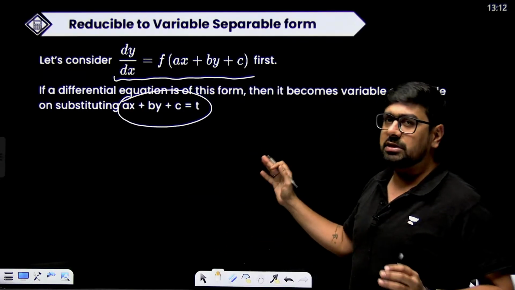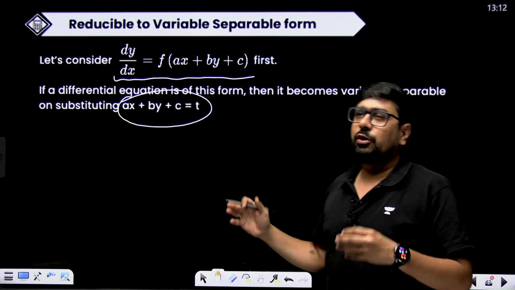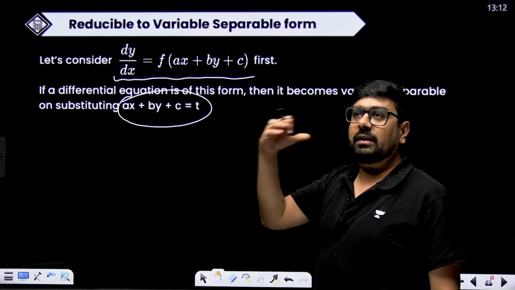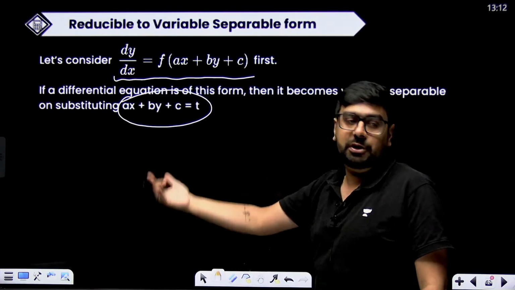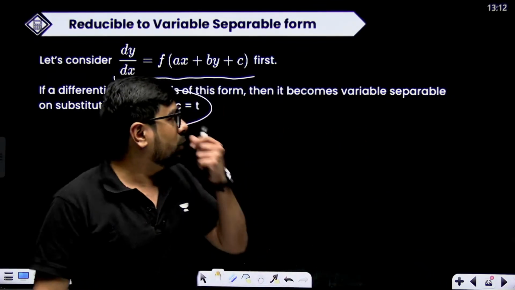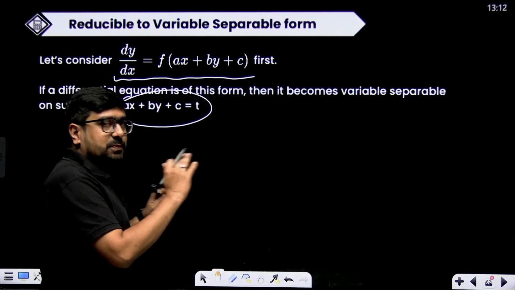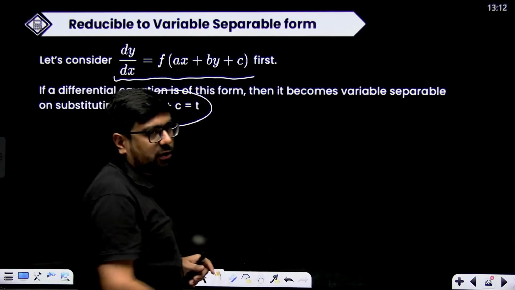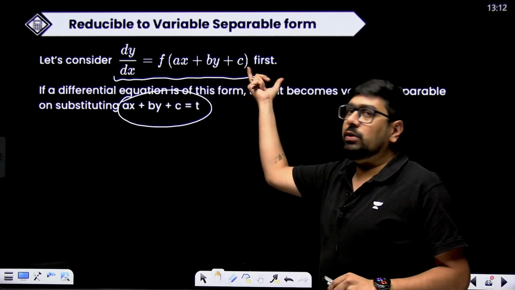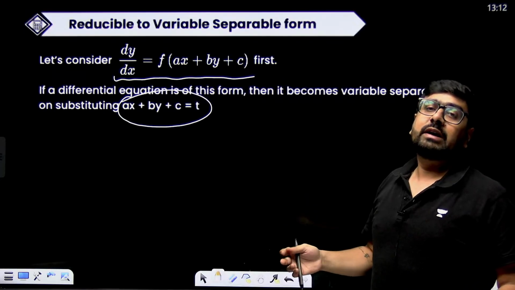Intuitive substitutions will also work over here, because if you have studied integration, here also you'll be able to intuitively think, acha, this is something we should substitute as t or something, right? Like that. Now sometimes, specifically when you see a linear function on the right side, substitute the linear function as t, and your differential equation will reduce into variable separable form.